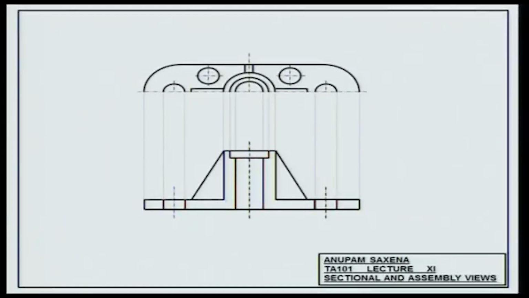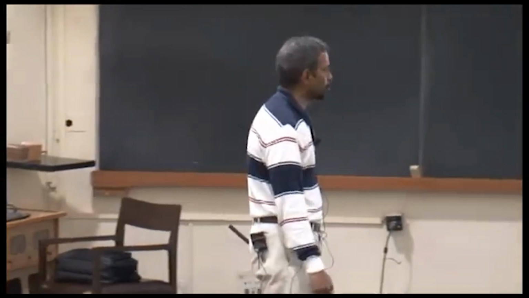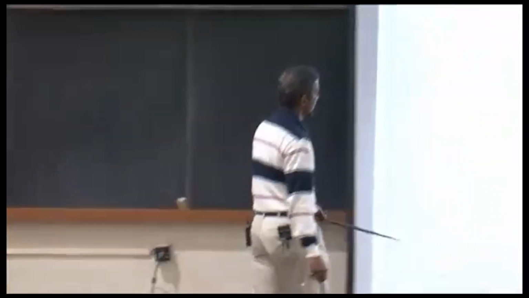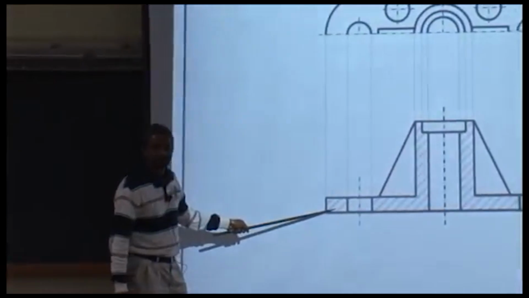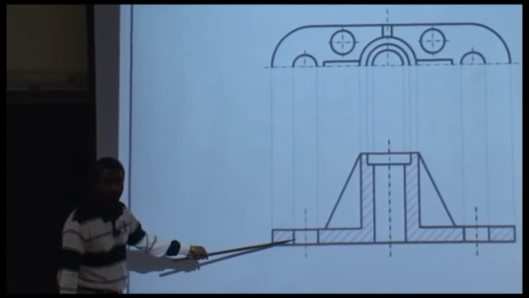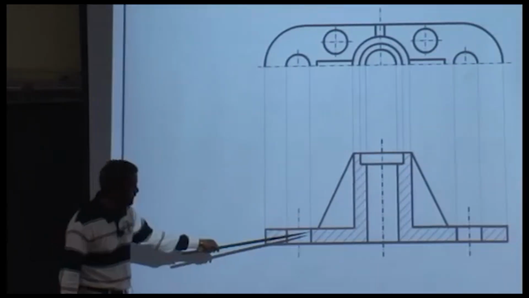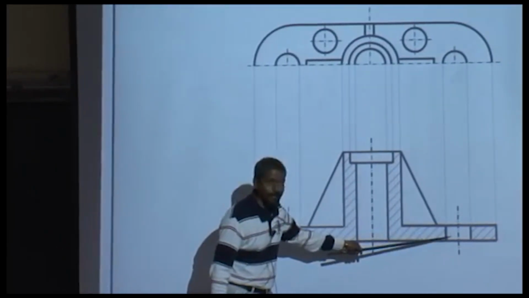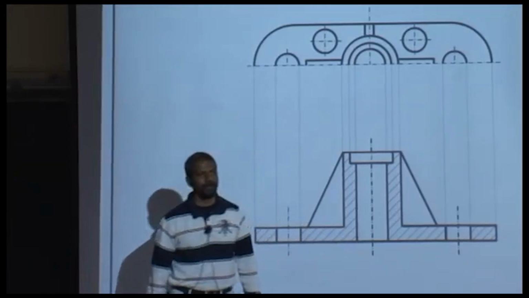By convention, this is the only shading permitted in technical drawing. This essentially means that you have material here, no material here, on the section plane, material here, no material here, material here.